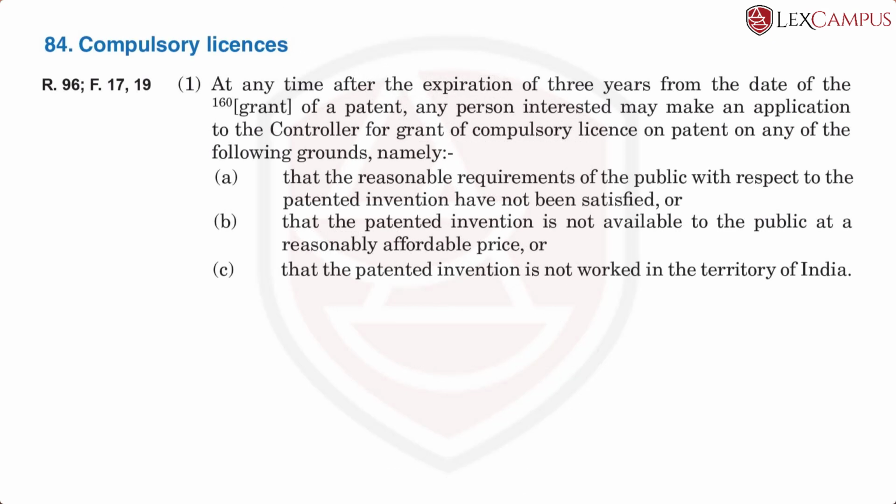So, we will look at the working requirement and we will see whether the working requirement is satisfied. But one of the grounds for seeking a compulsory license is that if the invention is not worked on a commercial scale in India, it could be a ground for getting a compulsory license. Now, what happens when the application is made?